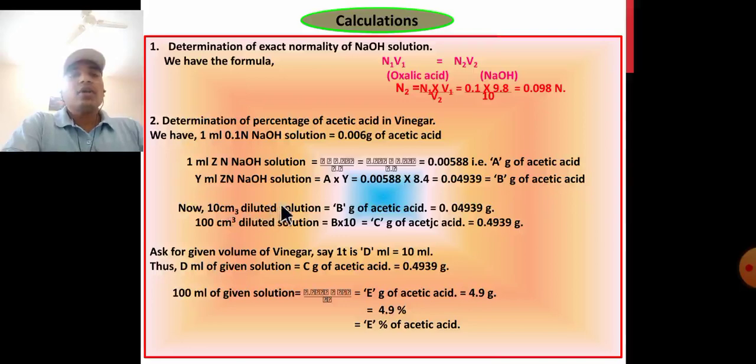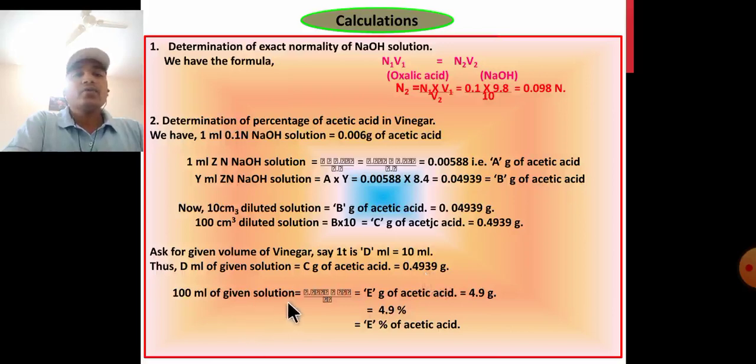Now 10 ml of diluted solution is equal to B gram of acetic acid, that is 0.04939 gram. So 100 ml of diluted solution is B × 10 = C gram of acetic acid, that is 0.4939 gram of acetic acid. As for the given volume of vinegar, say D ml, which is 10 ml, D ml of given solution is equal to C gram of acetic acid, 0.4939 gram.